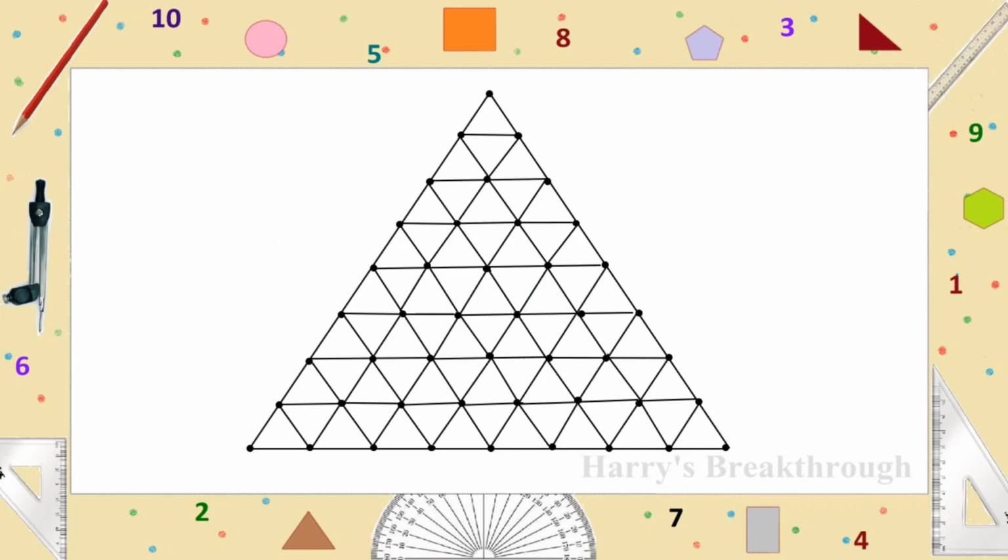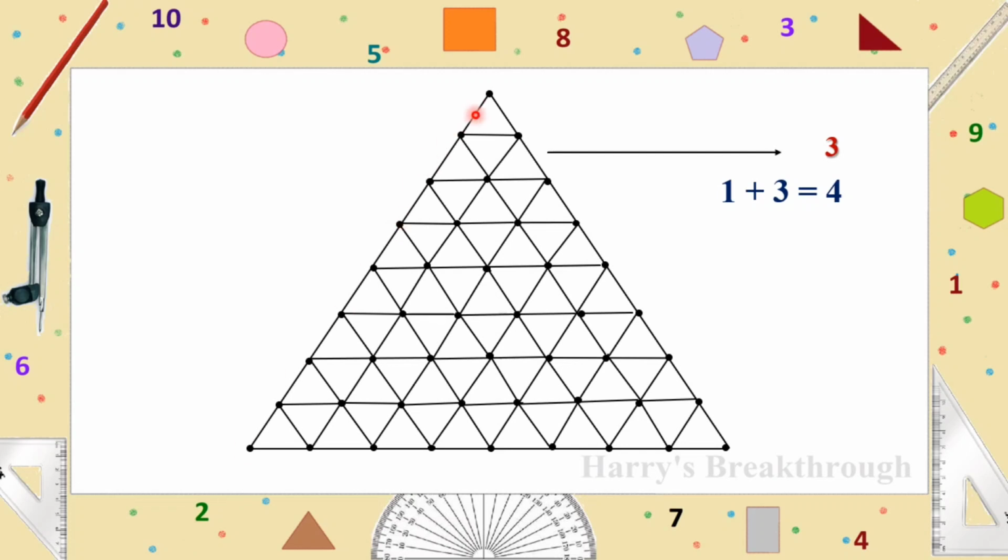Let's check. In the first row, there is only one triangle, right? And then in the second row, there are 3 triangles. So, in total, there are 1 plus 3 is equal to 4 triangles.